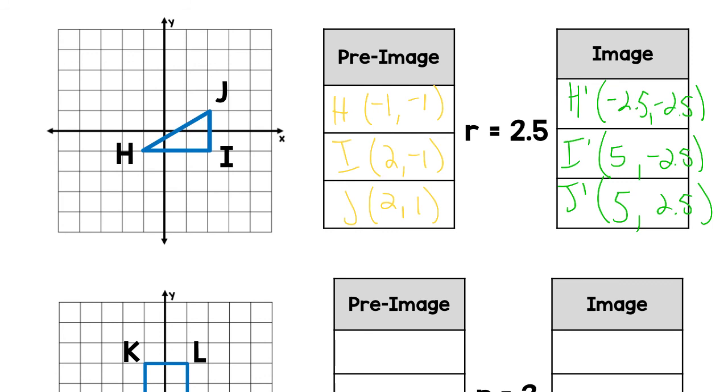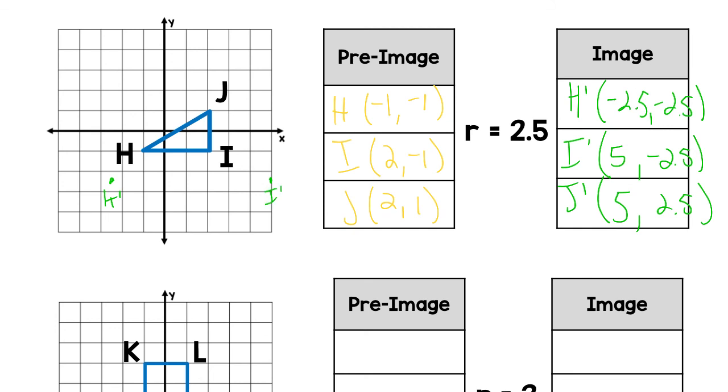Let's graph what we have. -2.5, -2.5, about there for H prime. I, 1, 2, 3, 4, 5, -2.5. And that's I prime.